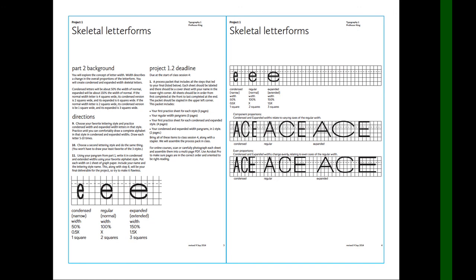Then do the expanded, everything will be 1.5 times as wide. Then step 10 is to choose the second lettering style. So whichever lettering style was not your least favorite, but it was your second favorite, you can do that for step 10 and do practice condensed and expanded widths on those.